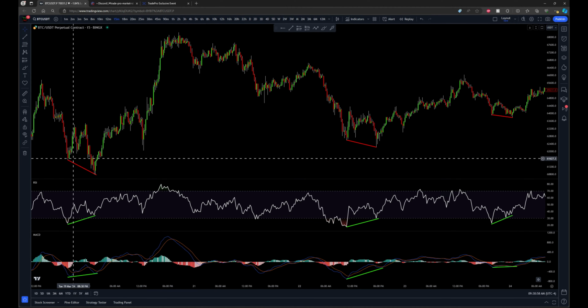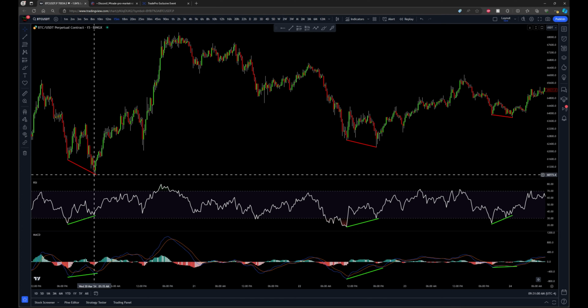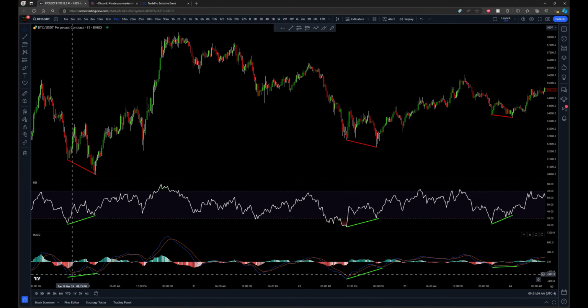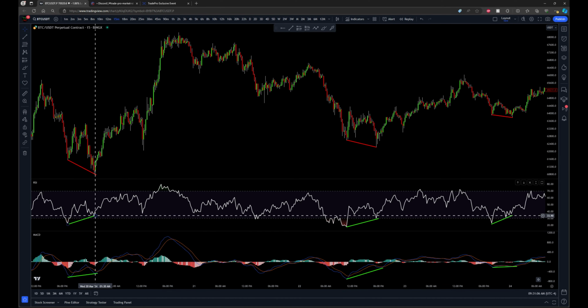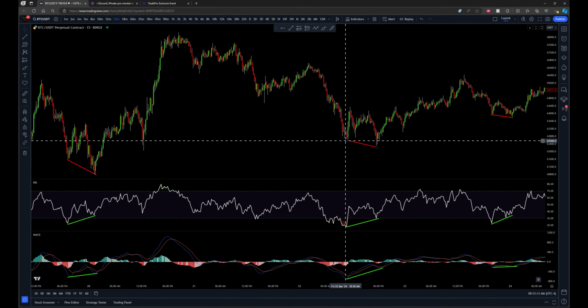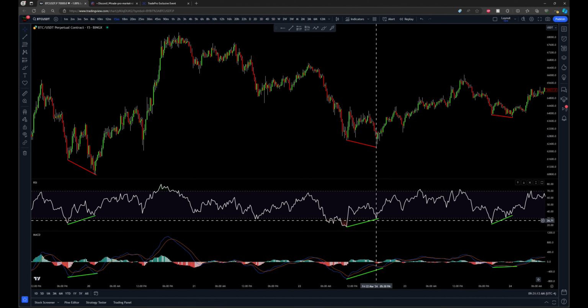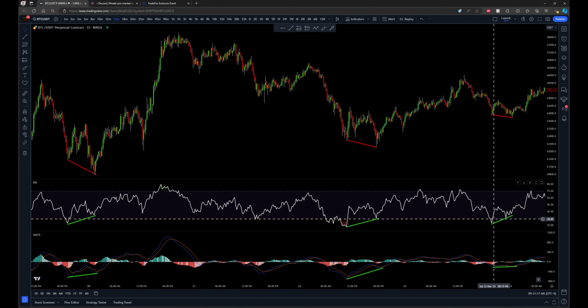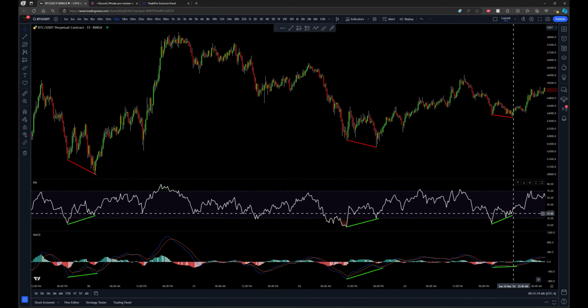So here, price makes a lower low, indicator a higher low at the same time. We can look at our MACD, our RSI, and again over here, lower low on the price, higher low on our indicators, and again over here, lower low on price, higher low on our indicators.